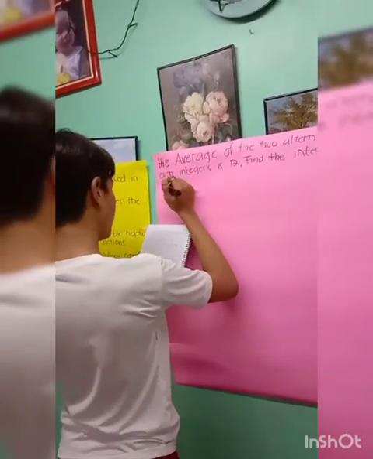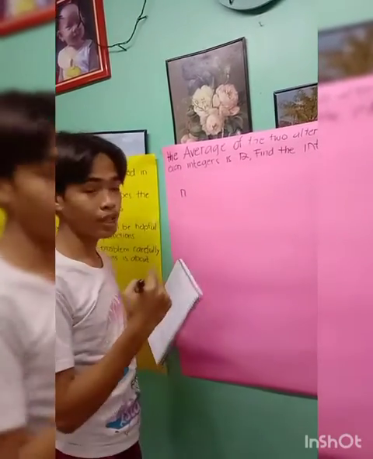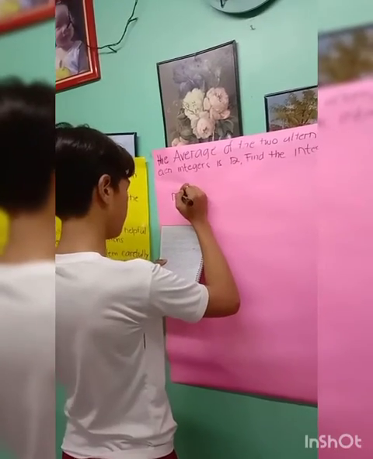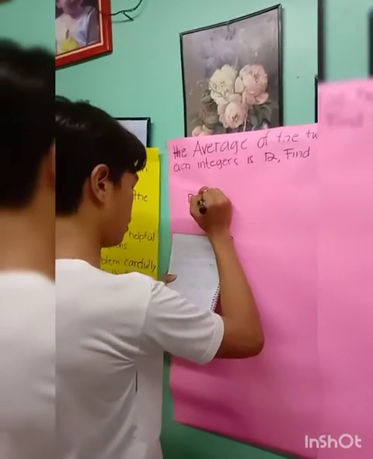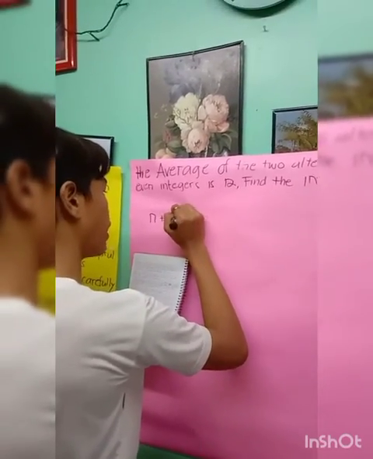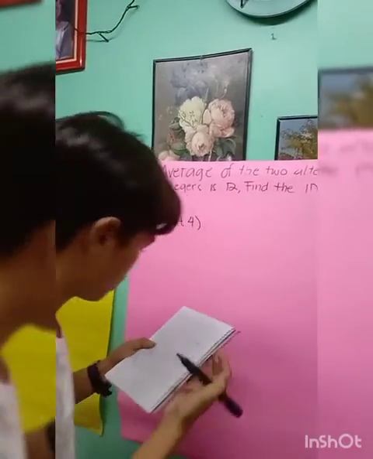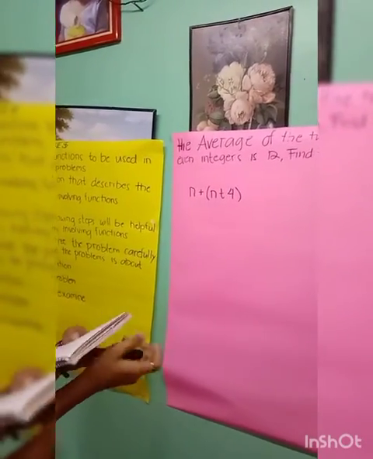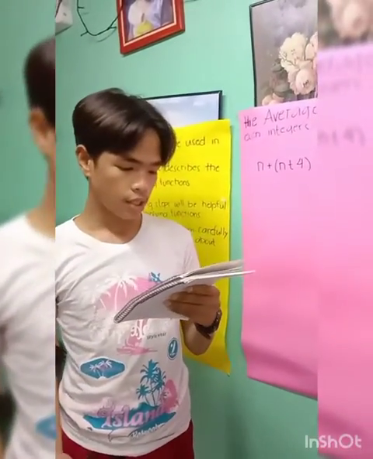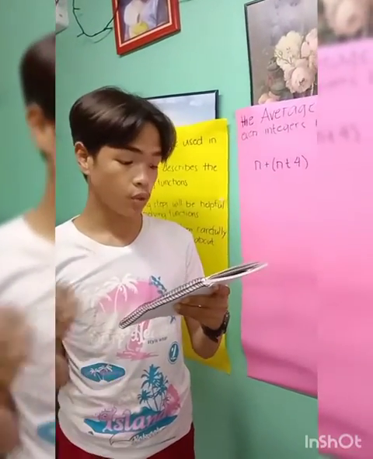This is n, the unknown integer, and the next one is n plus 4. The next clue is average: divide the sum of the two integers by 2.